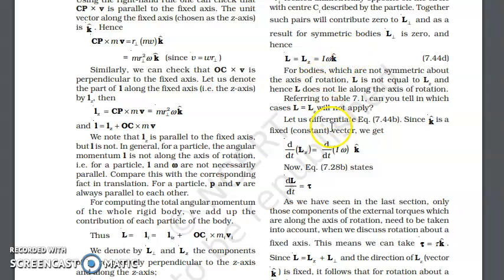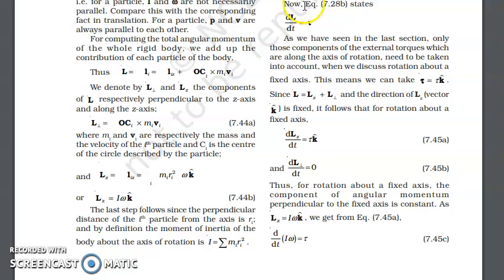Now if you go for the differentiation of Lz with respect to time, then d by dt of Lz is equal to d by dt of I omega k cap, and you know that dL by dt is basically torque. If we go for the component of torque which is parallel to the axis of rotation, then you can write tau is equal to tau k cap, and L is equal to Lz plus L perpendicular.